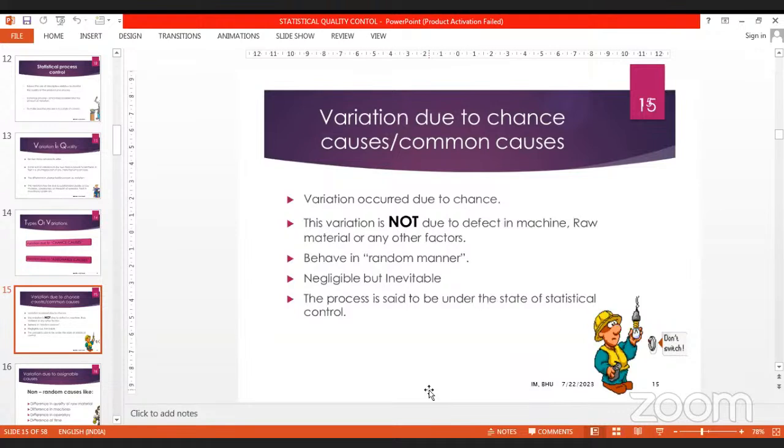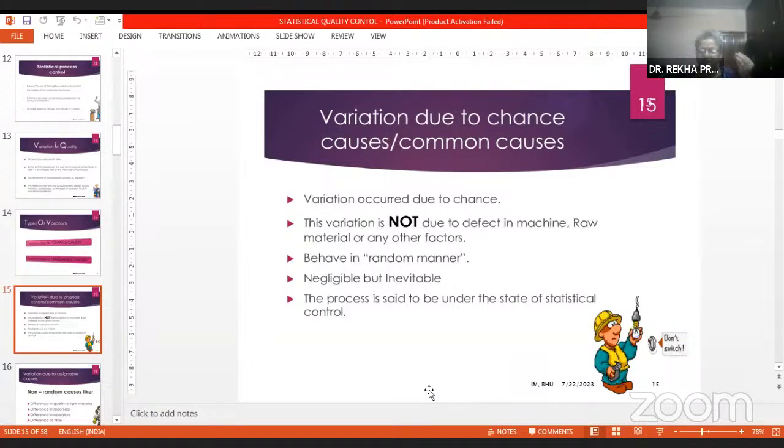The process is said to be under the state of statistical control. It can be any chance, natural chances. You cannot totally eliminate these, but even then the process is under control.